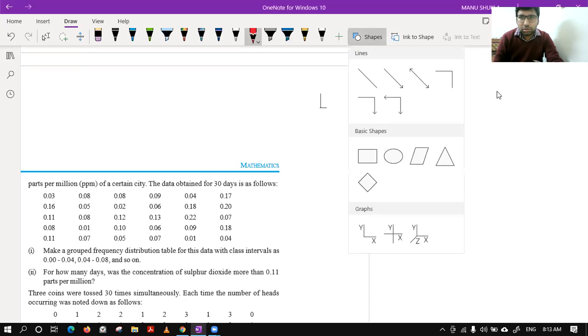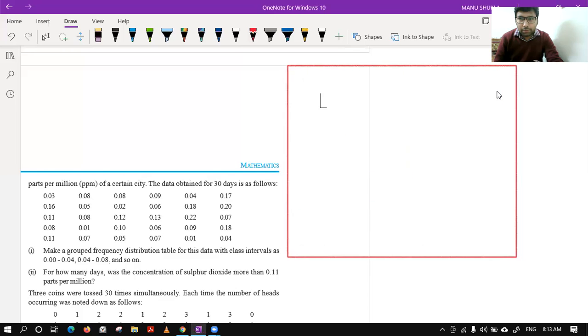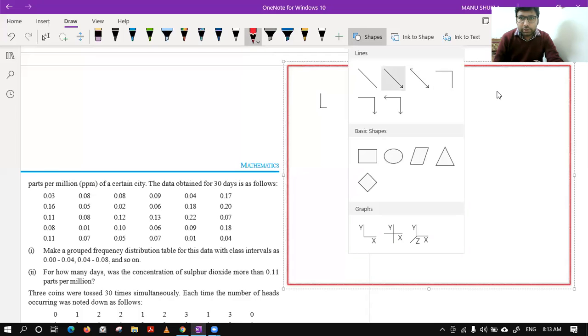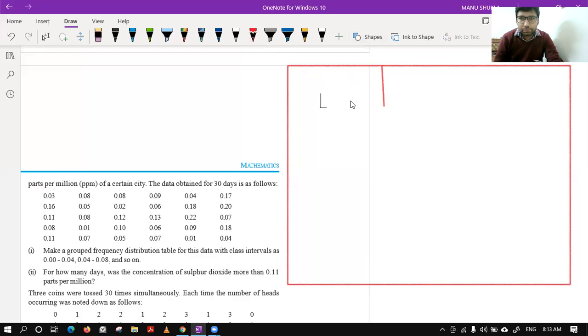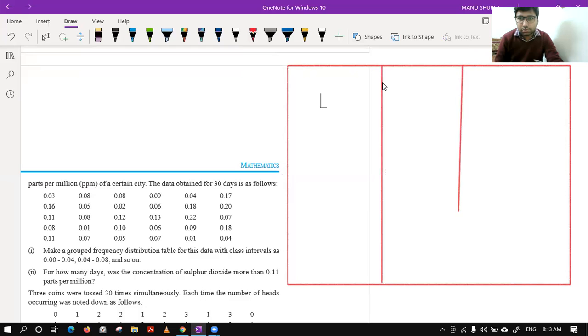Let me make a tabular form first. Let me start from here. Then we have a straight line. Then another one for tally marks. It would have been a little broader because tally marks can be more.